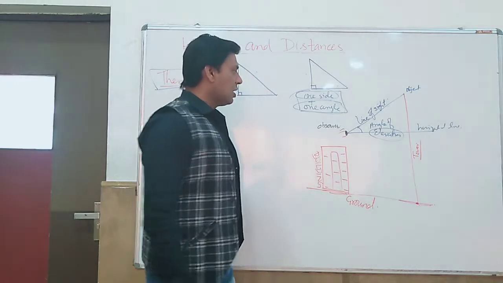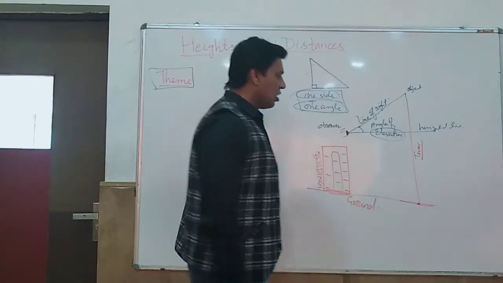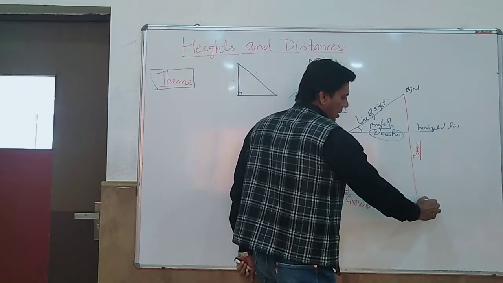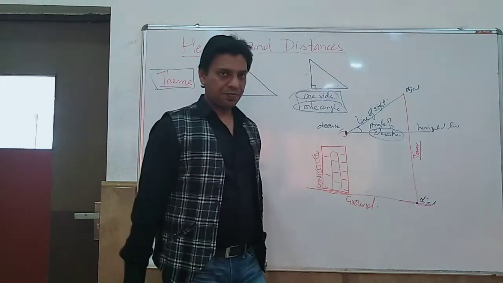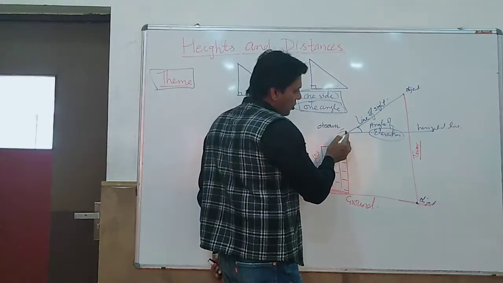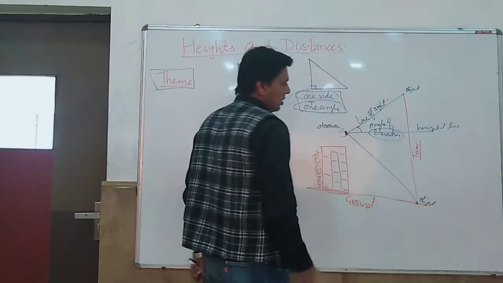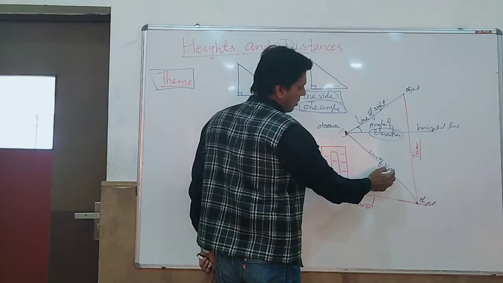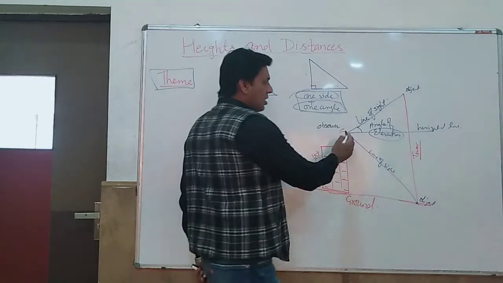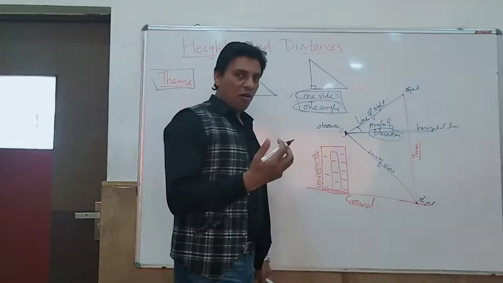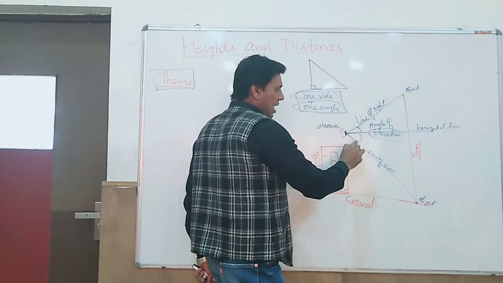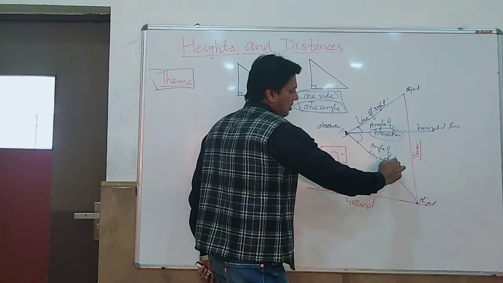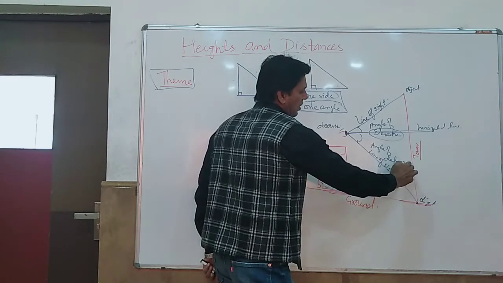But now suppose the observer is looking here. Now suppose the object is on the ground. Now if I am joining this, this is also a line of sight, and this is the horizontal line already drawn, then this angle is called angle of depression.